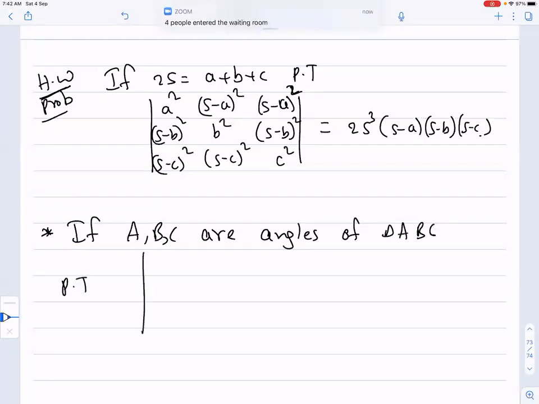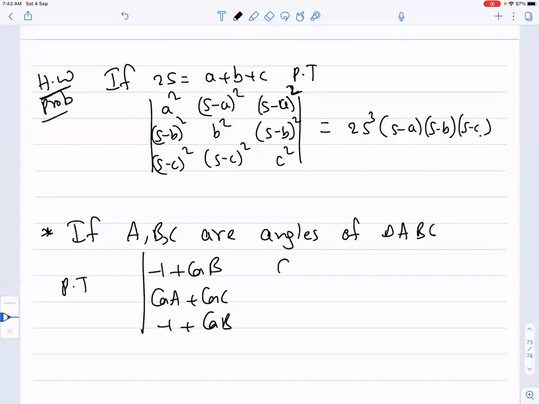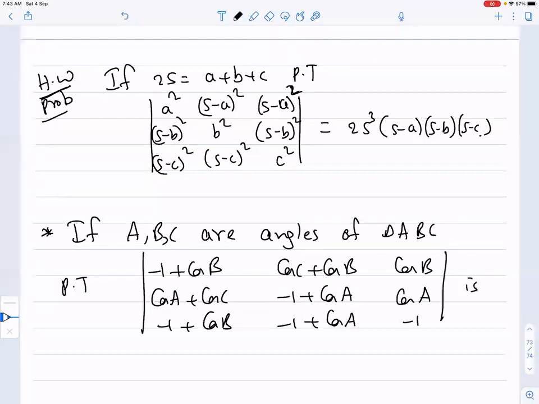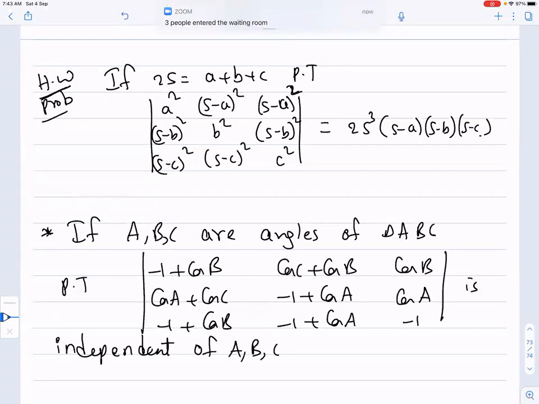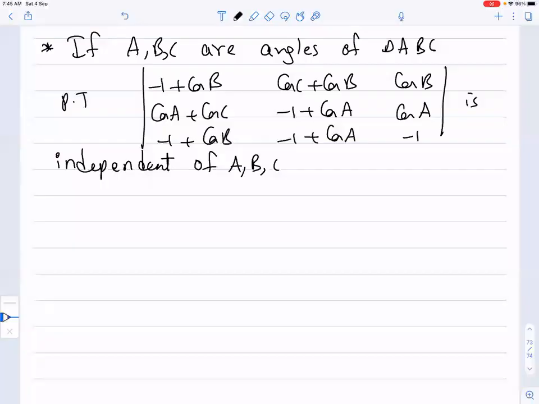Prove that the determinant of minus 1, plus cos b, cos a; plus cos c, minus 1, plus cos b, cos c; plus cos b, minus 1 plus cos a, minus 1; plus cos a, cos b, cos a, minus 1 is independent of a, b, c. Independent of a, b, c. Right, students. See, given determinant is this.